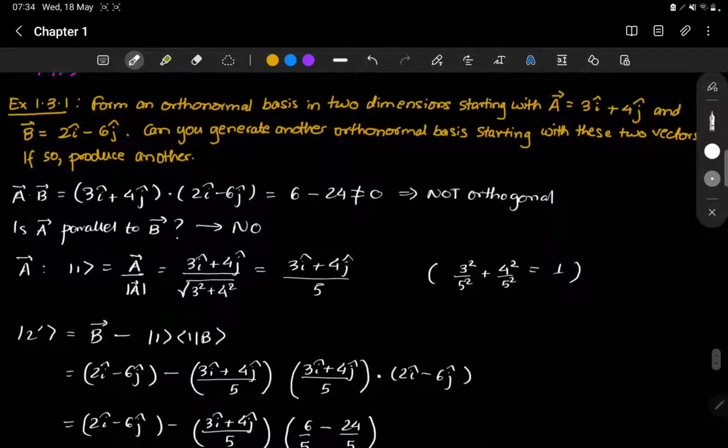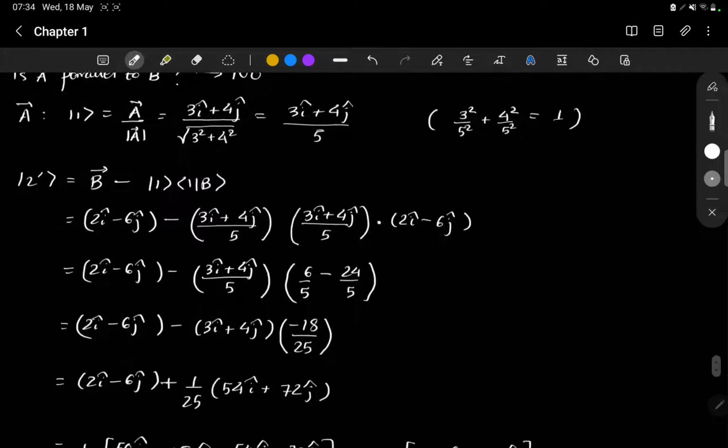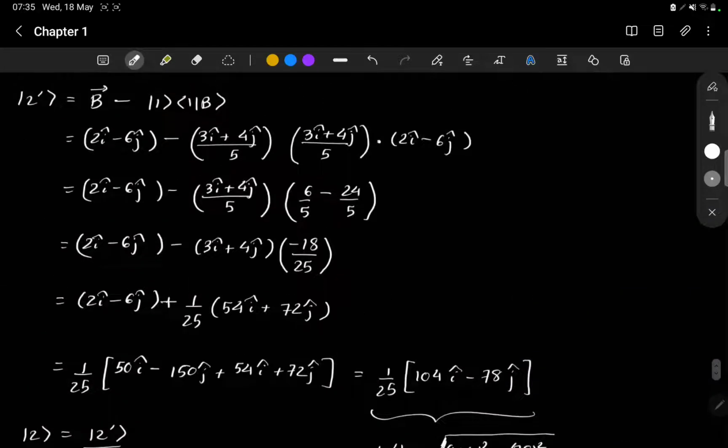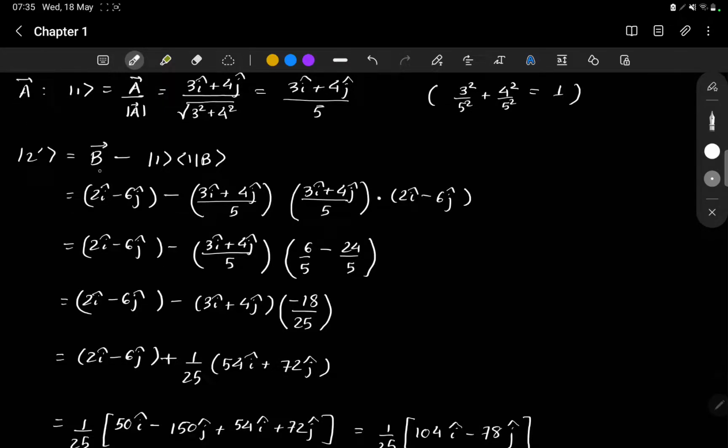So we will take A and then take its projection along the first vector obtained from B. See over here, in this we had taken A as the first vector and B was the second vector.